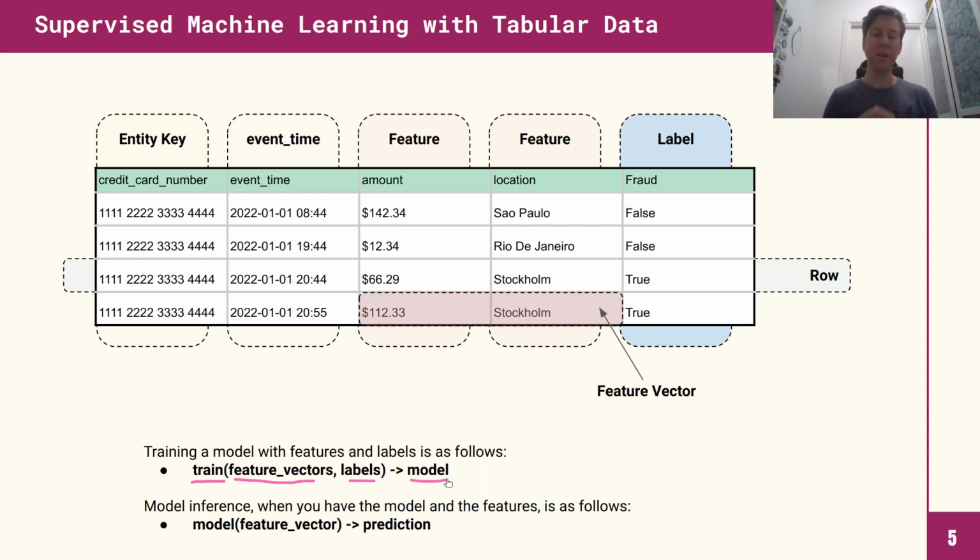The model is obviously the abstraction or the approximated function that we're going to use to make predictions with. So when we have a model, we can take another one of these feature vectors, pass it into the model, and it'll give us back a prediction. That's basically another pipeline we'll call the inference pipeline that we'll look at in this lecture.